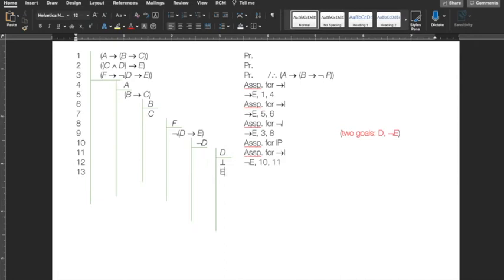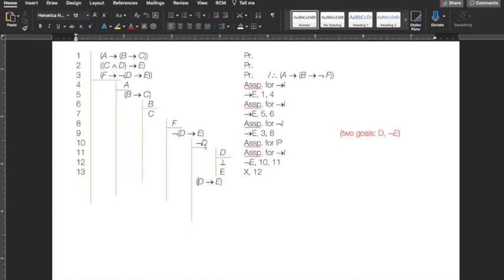So I'm going to add E. And that is explosion from line 12. And that allows me to assume this conditional. If D, then E. Let me put those parentheses in because I think it'll visually help.